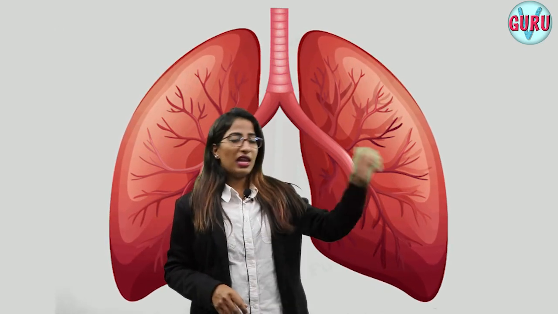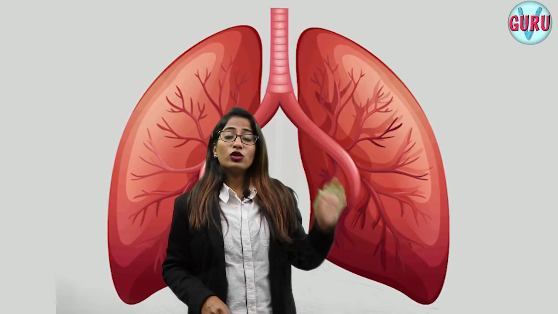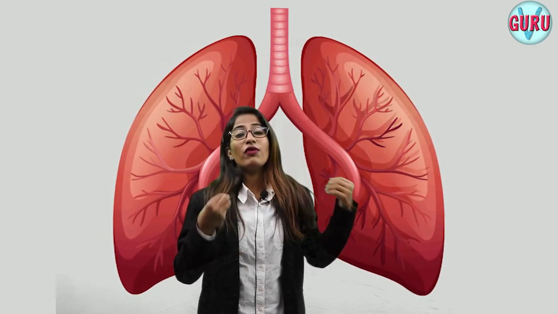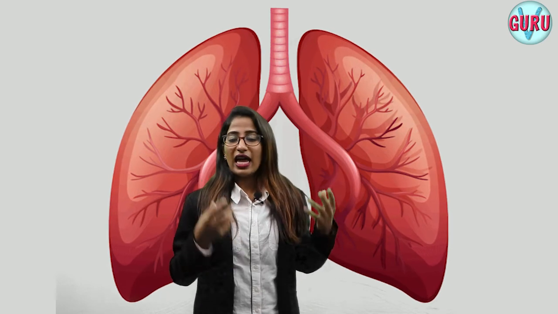For example, lungs. Lungs will be excreting carbon dioxide. So, it is the waste product in our body, and it will be sent out. So, lungs act as an excretory system or purifying unit for the air.